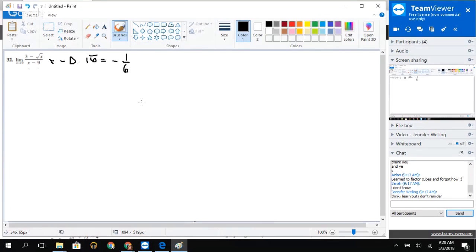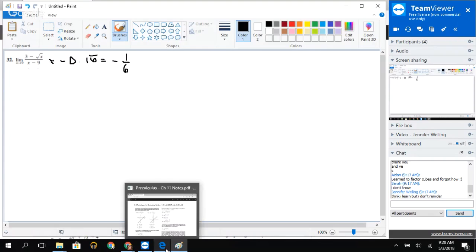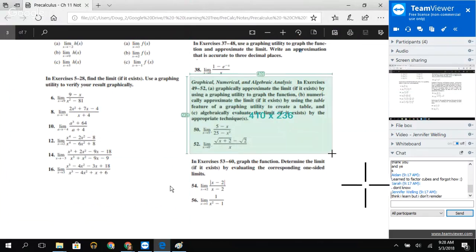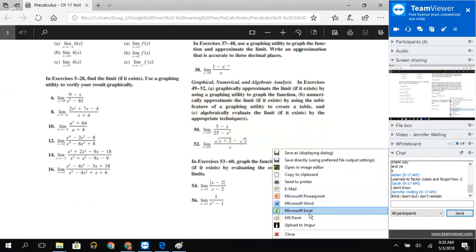So what I want to show you in 50 and 52 is that sometimes we look at the limit as it is approaching from one side or the other.